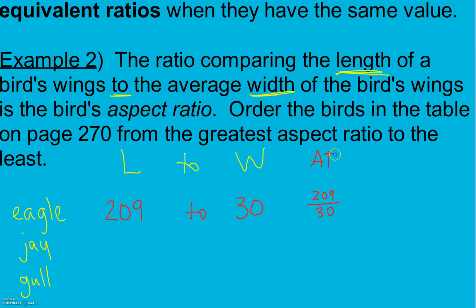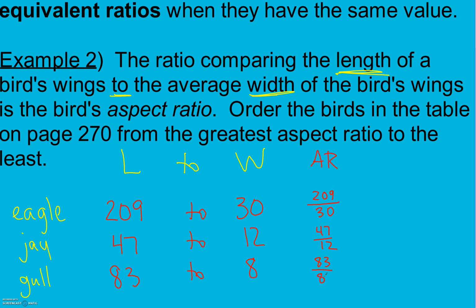This is our aspect ratio. The jay is 47 to 12, so our aspect ratio is 47 over 12. And the gull is 83 to 8. So our aspect ratio, the ratio of length to width, is 83 to 8.